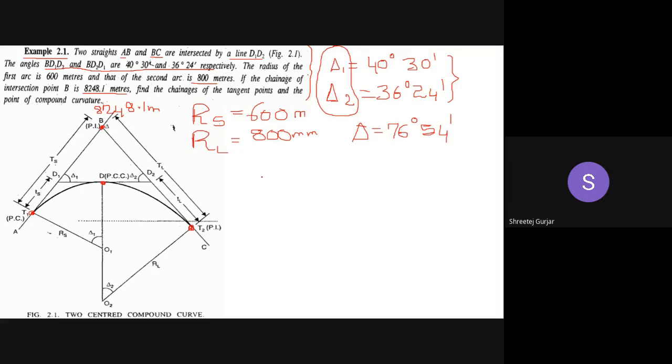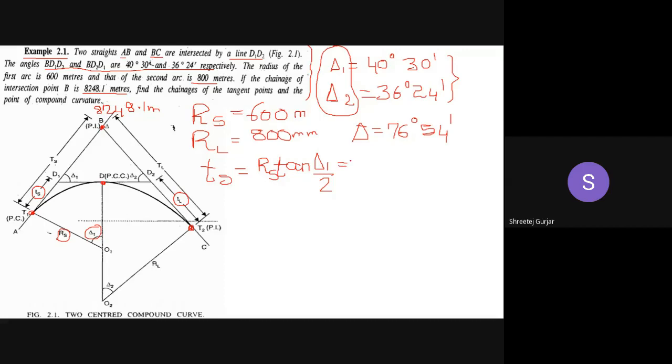After this, we will calculate TS and TL. The formula for TS is R tan delta by 2. Since we are dealing with the short curve, we will use RS and delta 1, the radius and angle of the short curve.